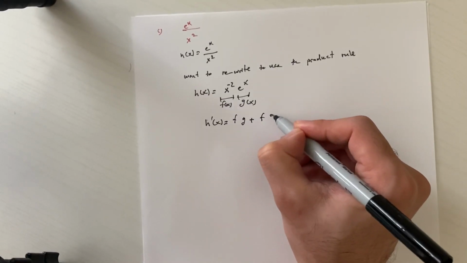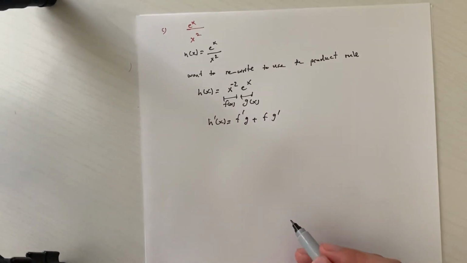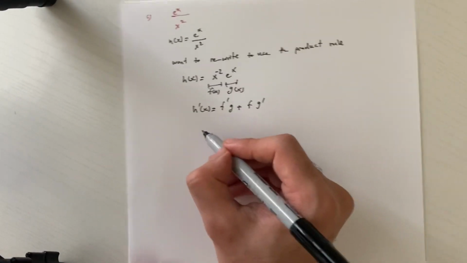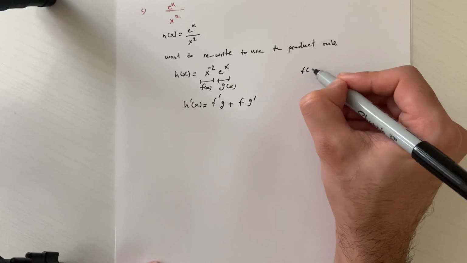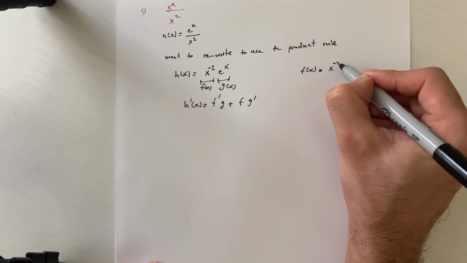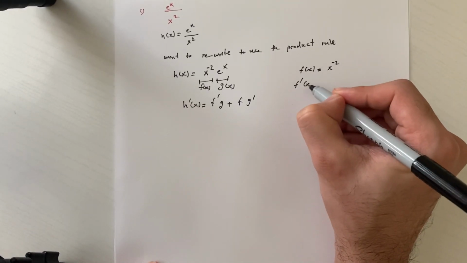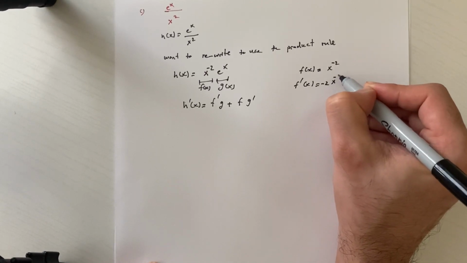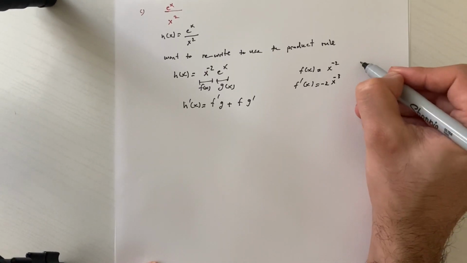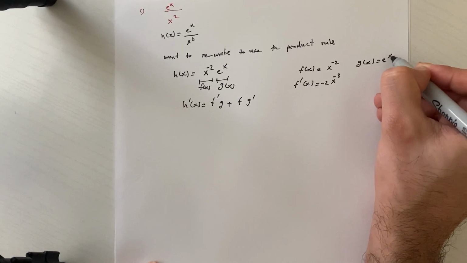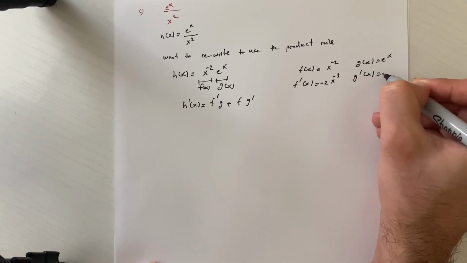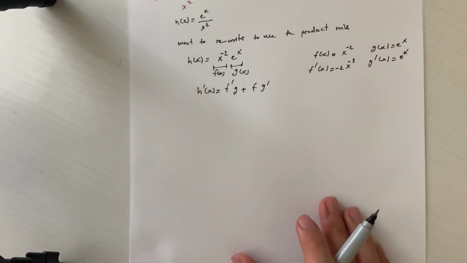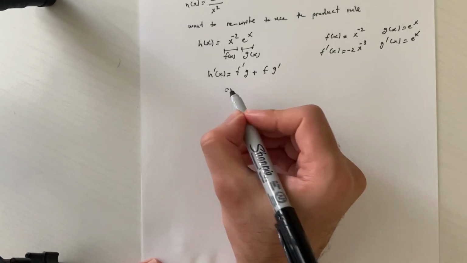So for the product rule we always start by writing the product rule, and now what we want to find is f prime, g prime, f, and g. So f of x will be x to the negative 2, and its derivative we find using the power rule, and then g of x is e^x, and we will use the exponential derivative to find its derivative.